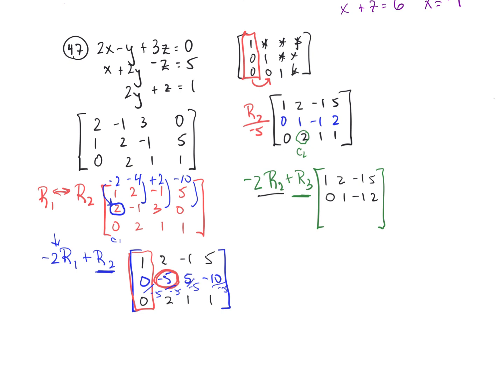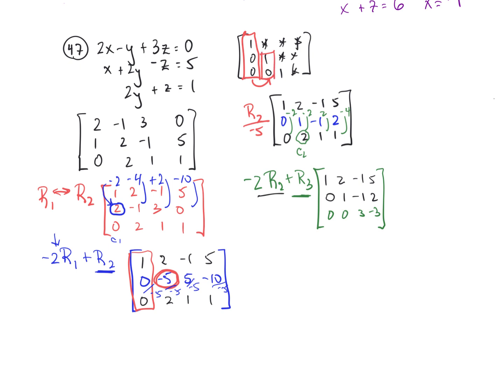So 0 times -2 is 0, 1 times -2 is -2, -1 times -2 is +2, 2 times -2 is -4. So we're going to add those down. We have nothing. We have nothing. We get 3, and then we get -3. So now we are done with column 2.